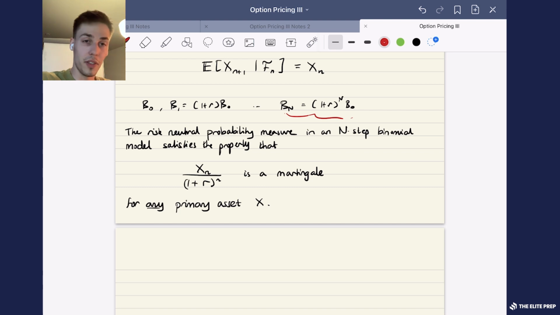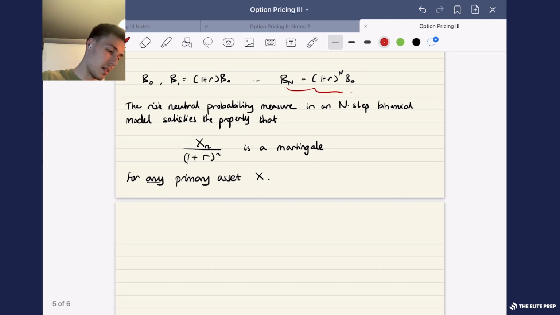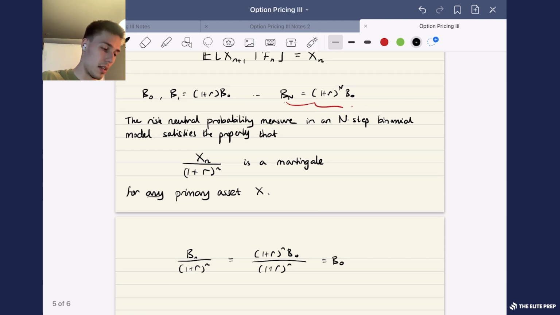So going back to the money market example, this is trivially a martingale because B_n over (1+R)^n is just equal to (1+R)^n B_0 over (1+R)^n, and that's equal to B_0.